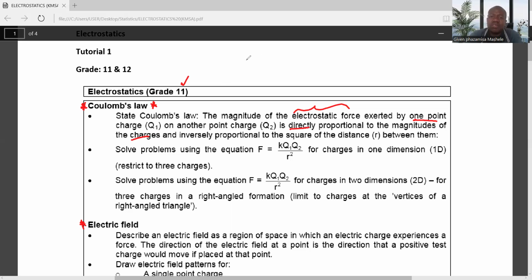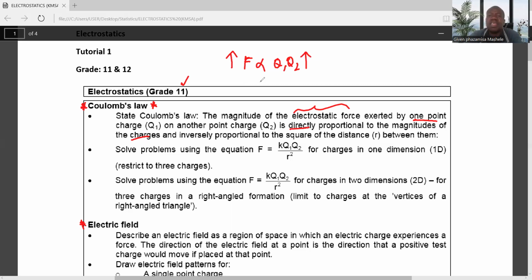So what does this mean? Coulomb's law says that if we compare the force and the product of the charges, charge 1 and charge 2, there is a direct proportion between the force and the product of the charges, which means that an increase in the charge will result in an increase in the electrostatic force.